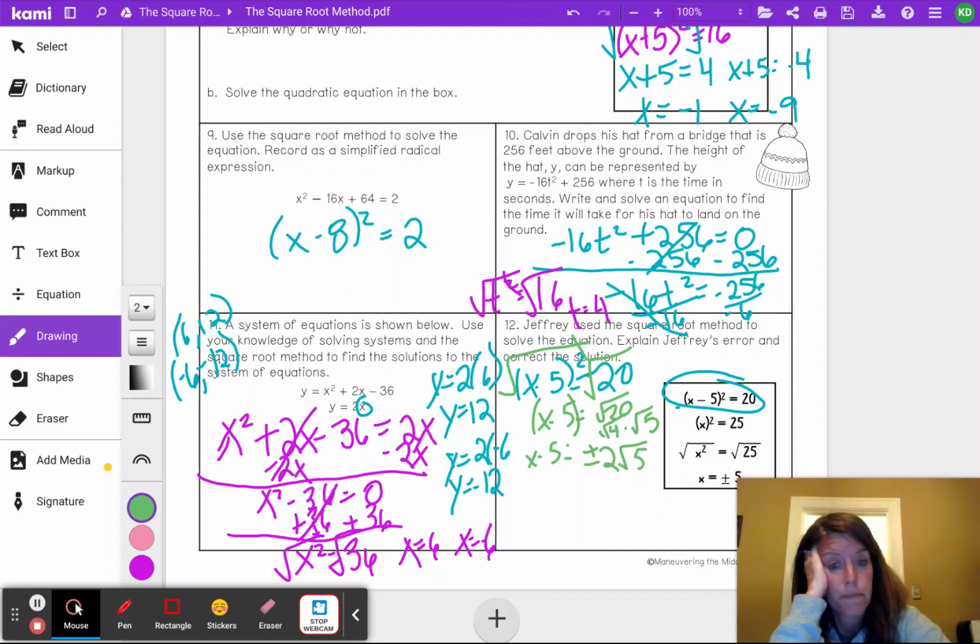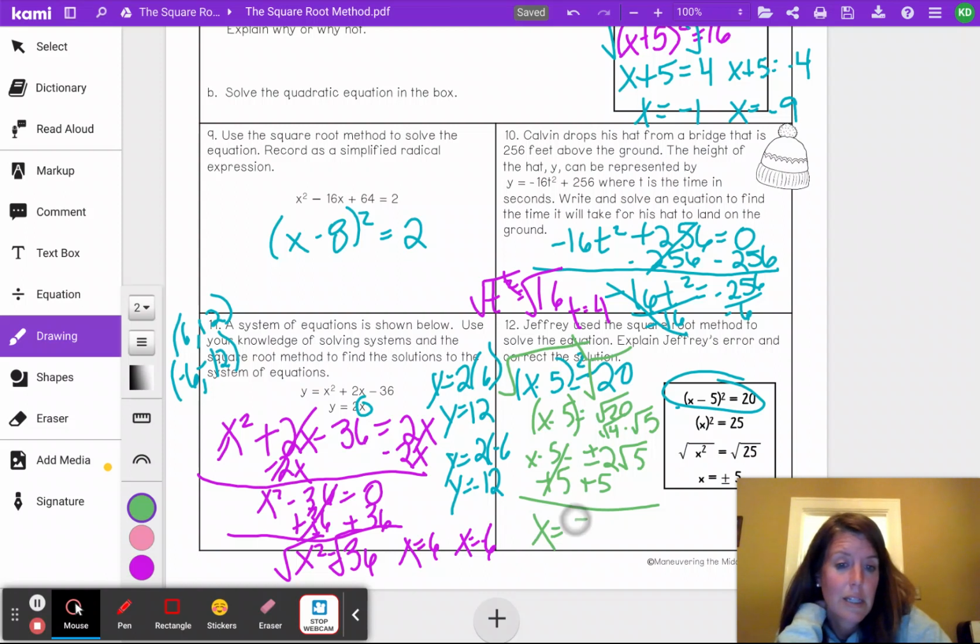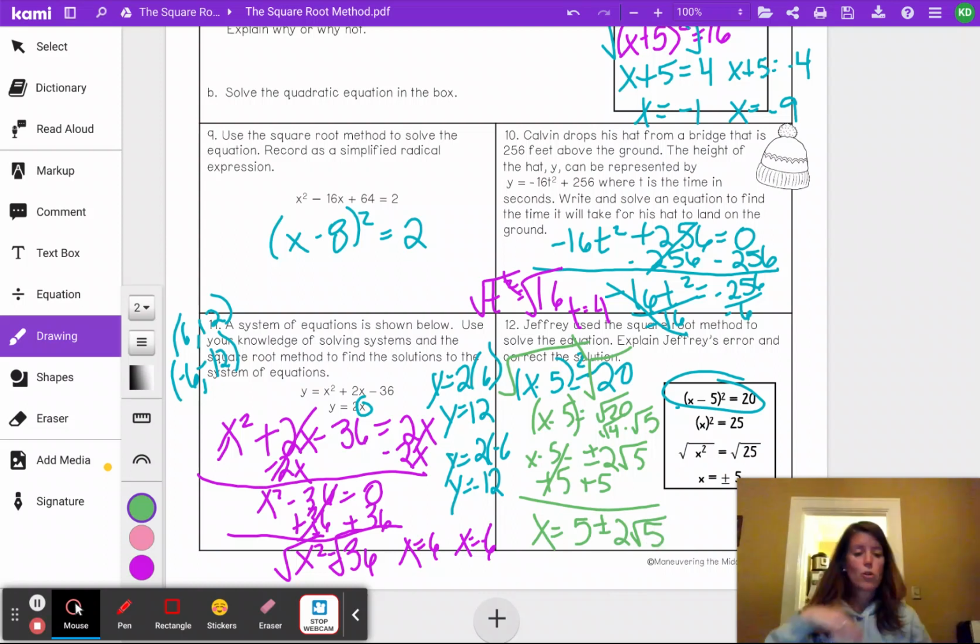I know, a lot. So we're going to add 5 to both sides. You all have probably seen an answer like this. All that we can do, because we're not multiplying or dividing or anything like that, is just 5 plus or minus 2 square root of 5. So it's a lot more complex of an answer than what his original answer was.